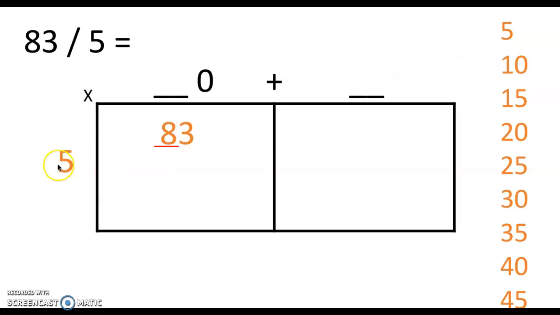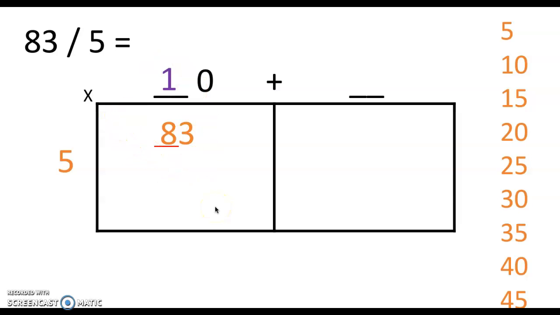Or how many groups of 5 can we make with our 8? So we could make 1 group. Because if I went to 10, that would be bigger than 8. So my 1 is going to go up top. Because that's how many groups I could have.